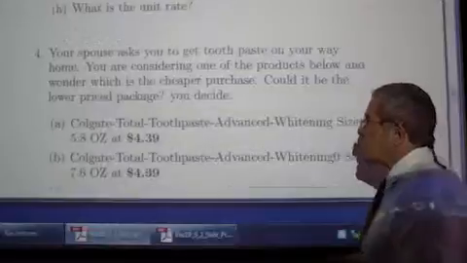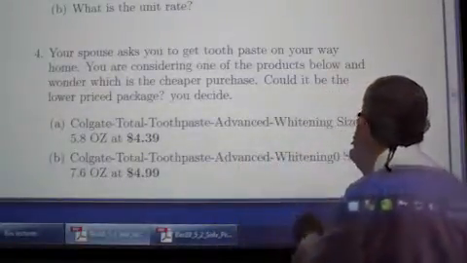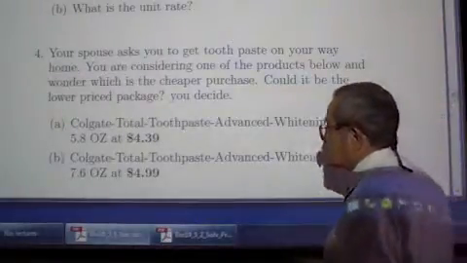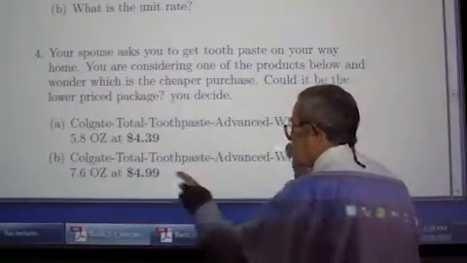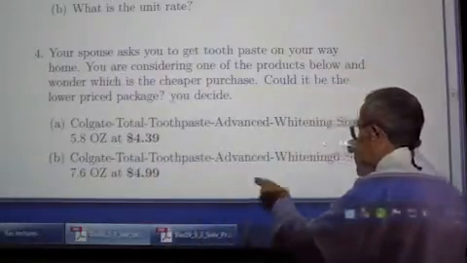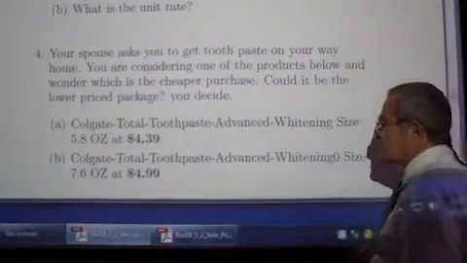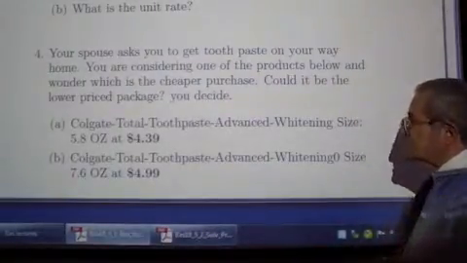You want to compare Colgate Total Toothpaste Advanced Whitening, size 5.8 ounces for $4.39, to Colgate Total Toothpaste Advanced Whitening, size 7.6 ounces for $4.99.